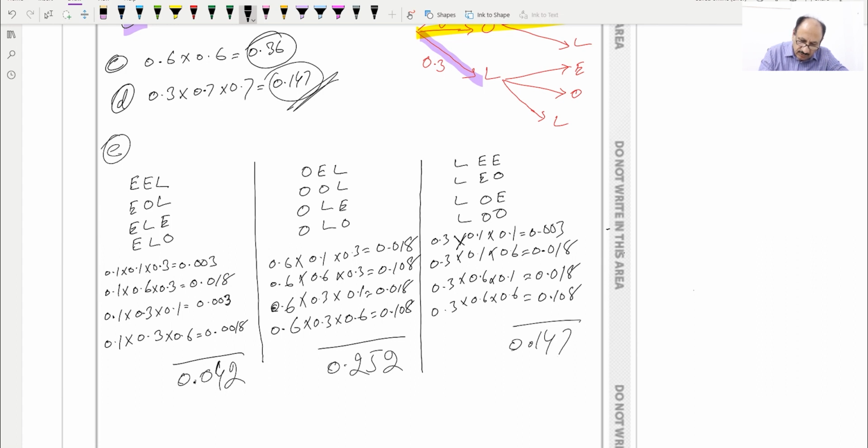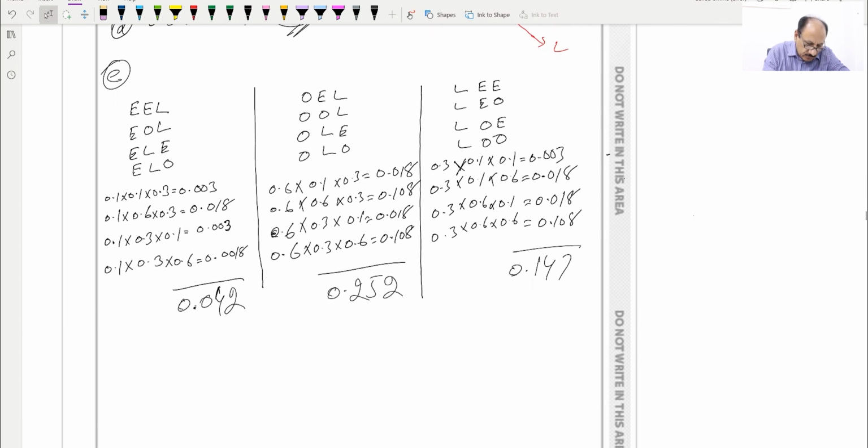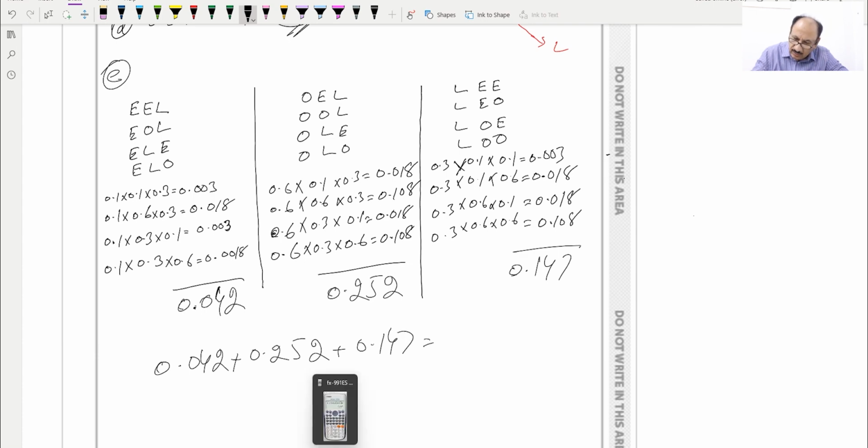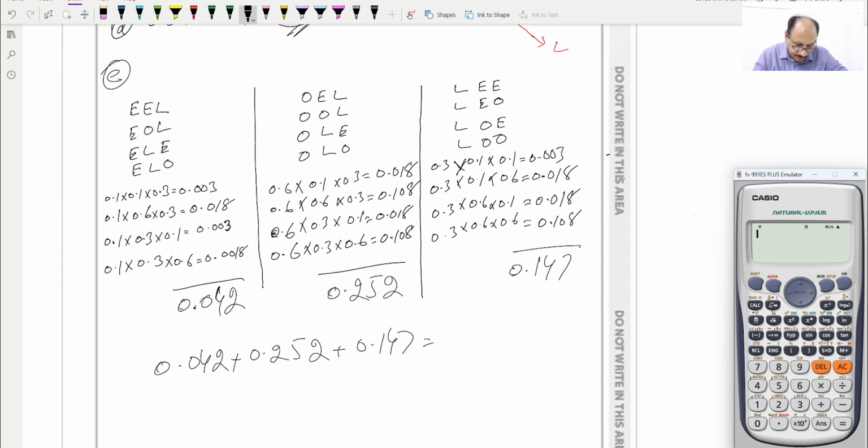Now we need to add the decimal. I'll write this one properly, 0.147. Okay, so we need to add all these three. So 0.042 plus 0.252 plus 0.147.